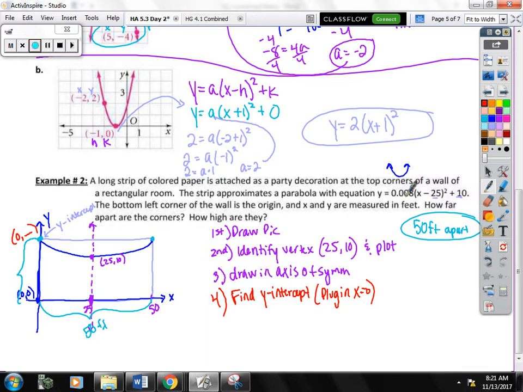And we will probably want to use our calculator for this one, because we're going to get some big numbers. So plugging into our original equation, we'll get y equals 0.008 times 0 minus 25 squared plus 10. Because otherwise we'll have to do 625 times 0.008. And you can type that whole thing in.